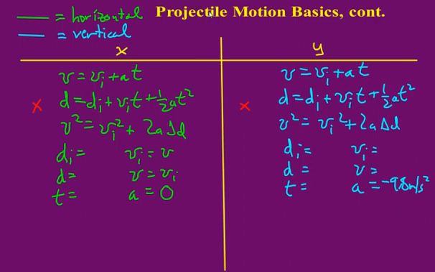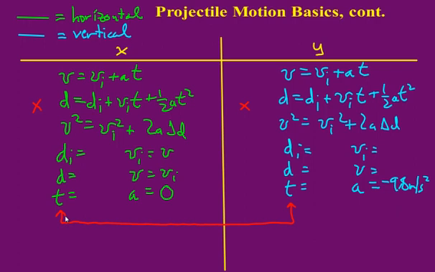Well, if you guessed time, you are correct. Time is the one variable that's the same for both the x and the y direction. So in almost every single projectile motion problem, you will solve for time in one dimension, on one side, and then you'll take that number and plug it into an equation from the other dimension.